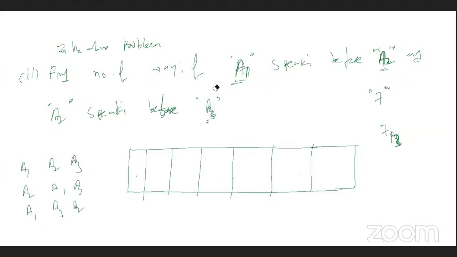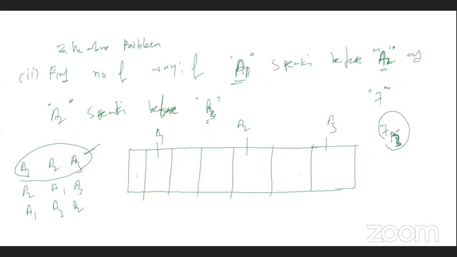But what we need? A1 speaks before A2, this only. Suppose in the 3 places A1 A2 A3 are there. In the 7P3, one of the possible cases: A1 is here, A2 is here, A3 is here. This case we should consider.